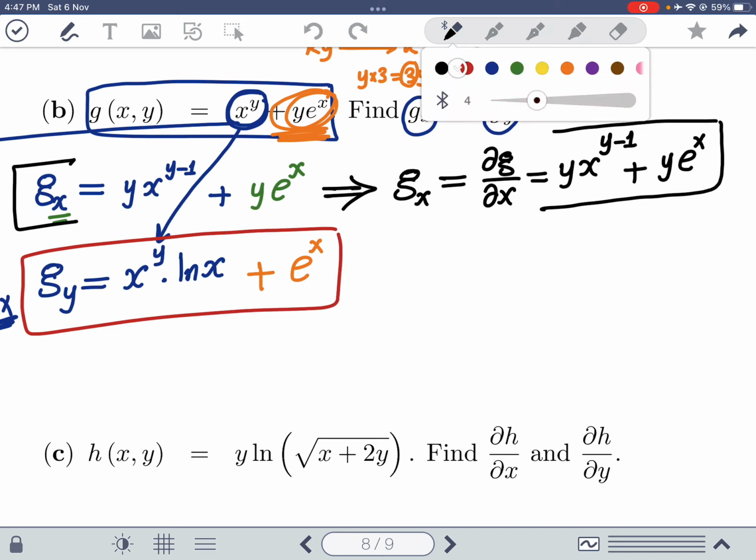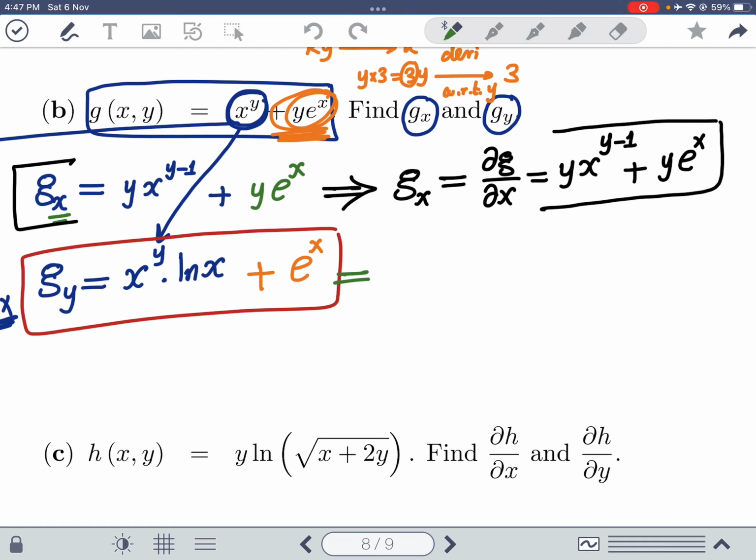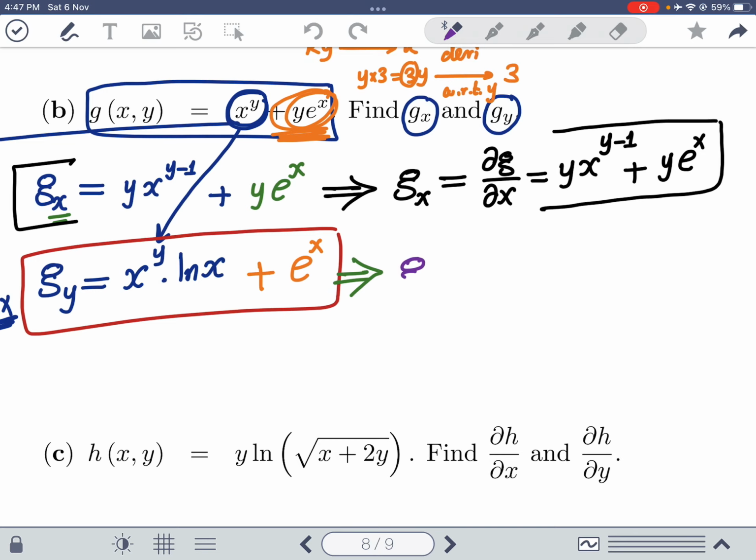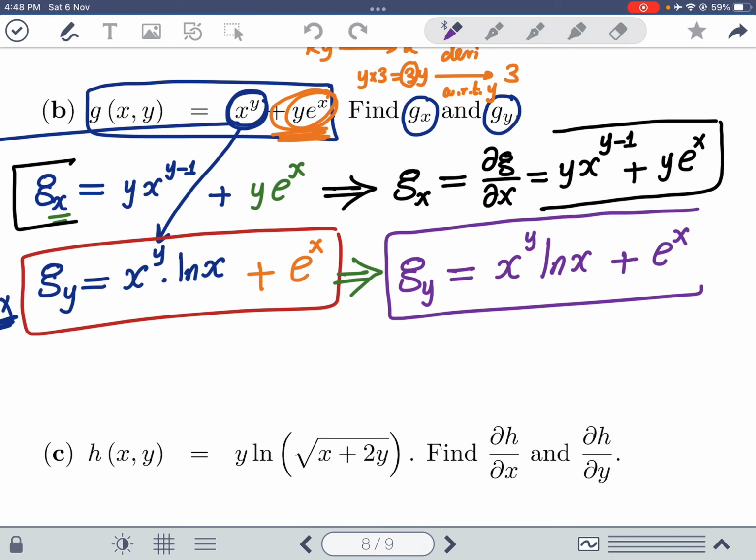And I will write it in another color. Let's use a color we didn't use so that we focus now when I'm checking. G sub y, we found that it's x to the y ln x plus e to the x. Okay, and the other one, for g sub x, was this.